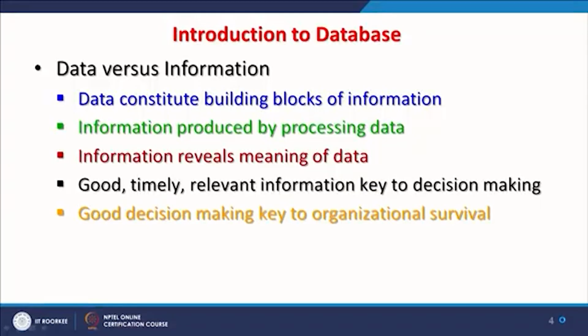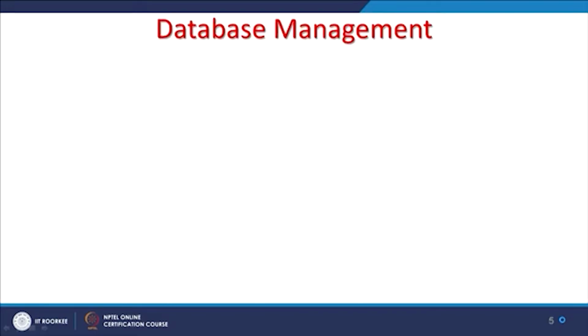So good decision making, as you know, is the key to organizational survival or success, and everyone would like to have a very nice database management system in their organization, so that whenever they want that information, that data, immediately they get it in an organized fashion. And also this has to be updated. The timely and quality data is most important in this.